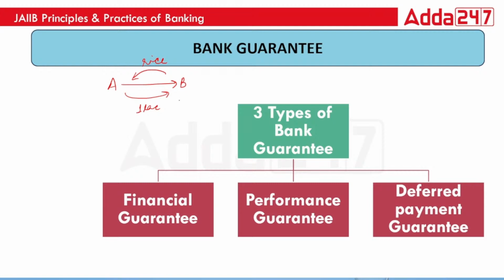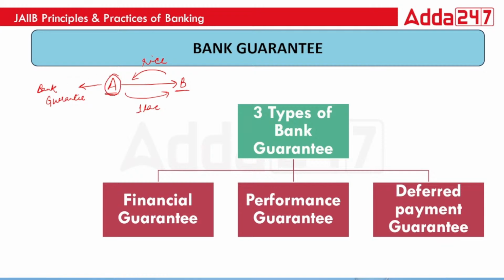Now B is not sure whether A will make the payment or not, so he will ask A to give a bank guarantee. This will be given by bank which is dealing with this customer A.